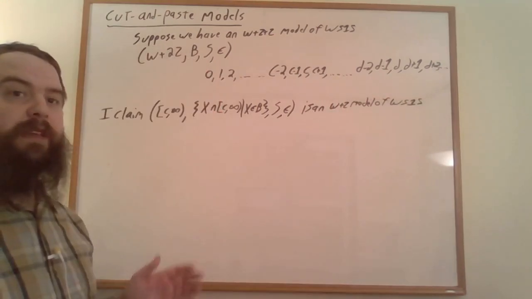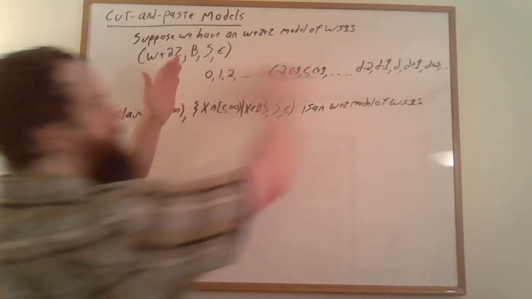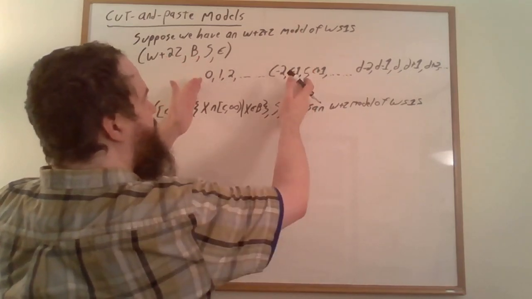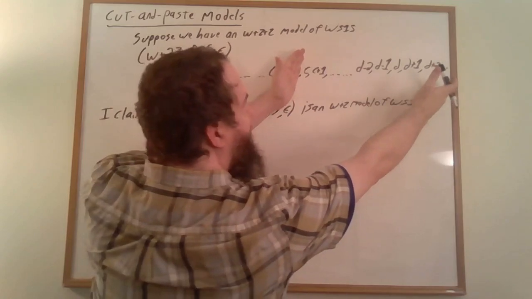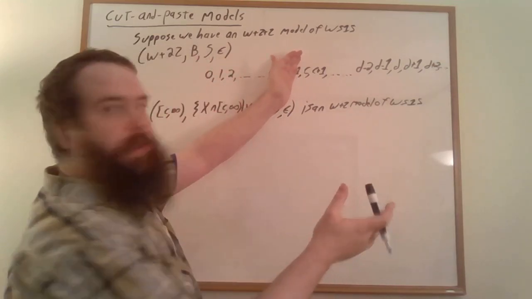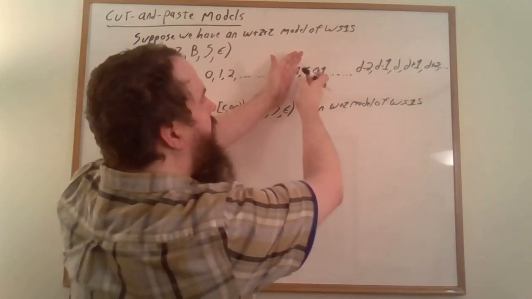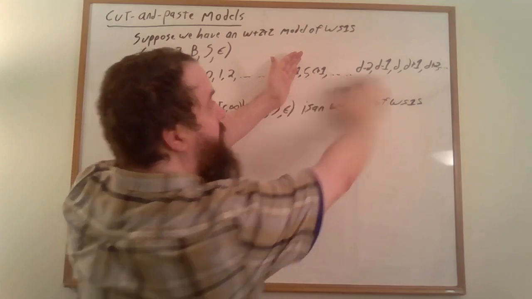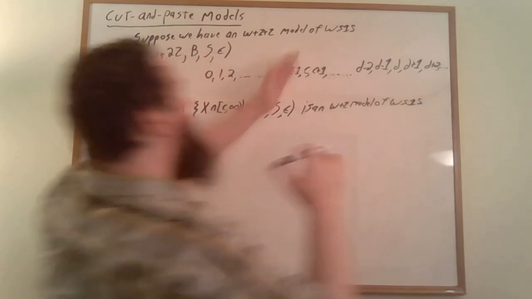So one of the things we could do is take this non-standard model here and cut off this piece of it so that we're just looking at this piece of the non-standard model. And this kind of makes sense, right? We have, for the first order part, a copy of omega plus z, so that's good.